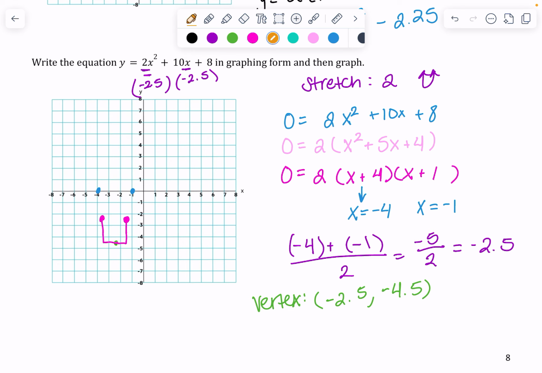And when we go out 2, normally we go up 4. But in this case, with our stretch, we need to go up 1, 2, 3, 4, 5, 6, 7, 8. So we're going to have a point kind of about right here. And it's approximate because we're not on our grid, so we're just doing as best as we can to visualize.